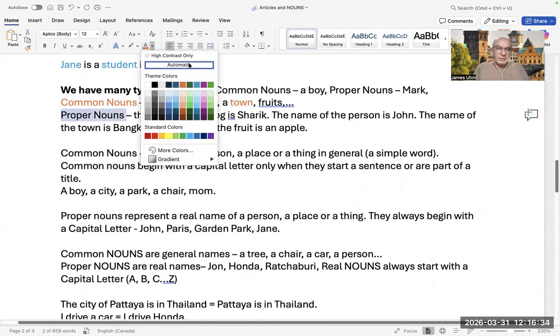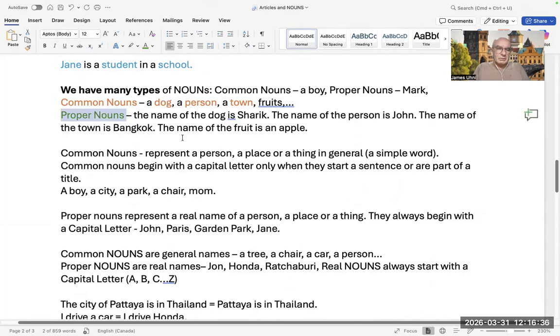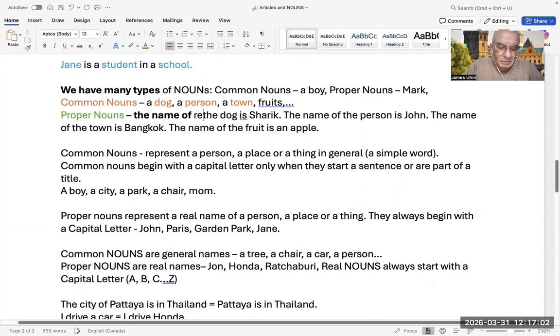Proper nouns will be green. So let's go. The name of the dog is Sharik. So proper nouns are the names of real individuals.